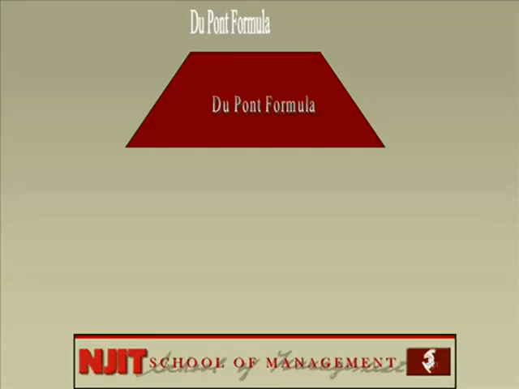The DuPont formula says return on assets equals profit margin times asset turnover. Can you try it? For A, it's 12.5%. B, it's 10%. Do the numbers sound familiar? Of course they do, because you already computed them before. This is another way of computing return on assets.